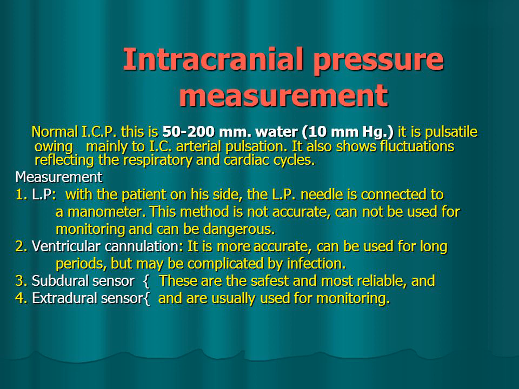This method is not accurate, cannot be used for monitoring and can be dangerous. 2. Ventricular cannulation. It is more accurate, can be used for long periods, but may be complicated by infection. 3. Subdural sensor. These are the safest and most reliable, and 4. Extradural sensor, and are usually used for monitoring.